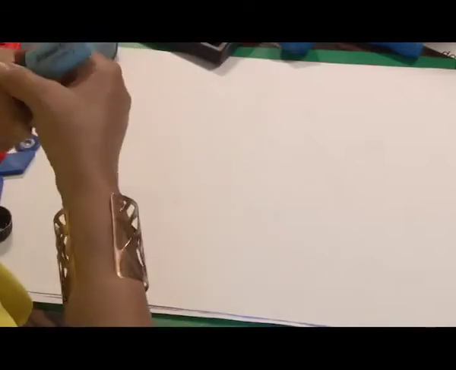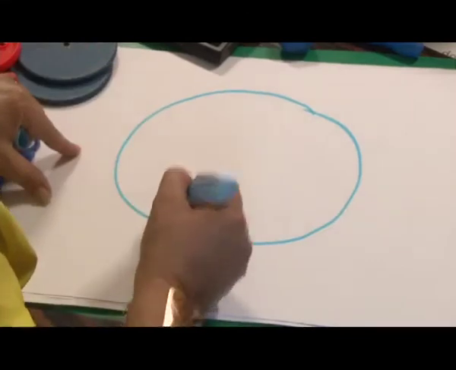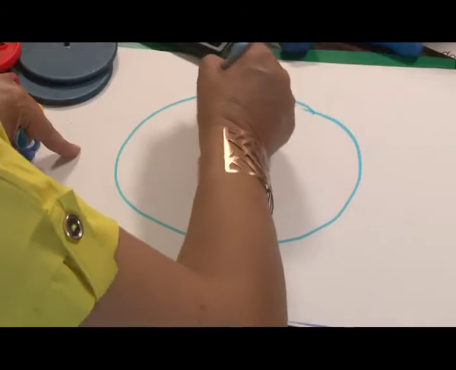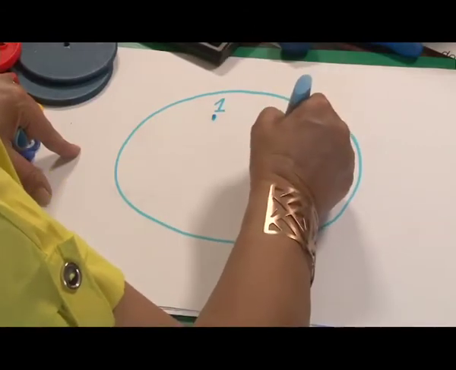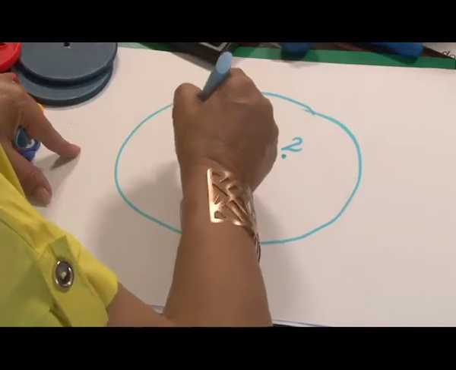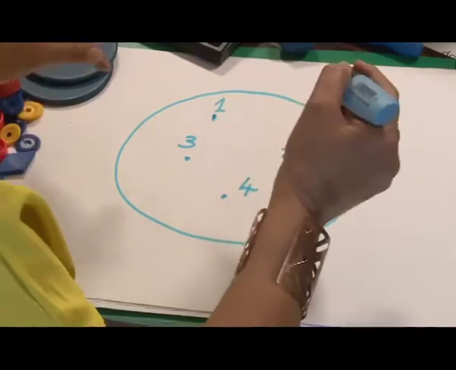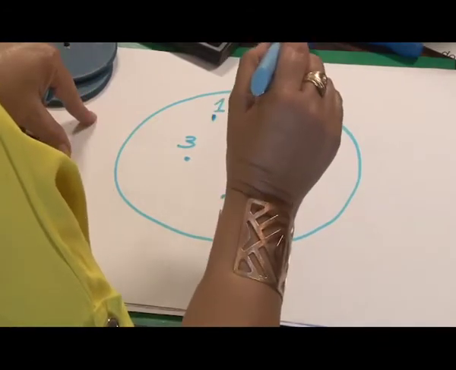In front of you, on a blank piece of paper, you can draw a circle. You can draw dots. You number the dots. And now you ask your child to do dot to dot by practicing the number.